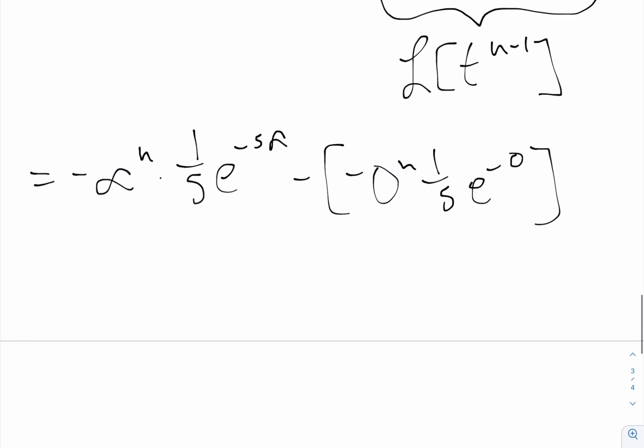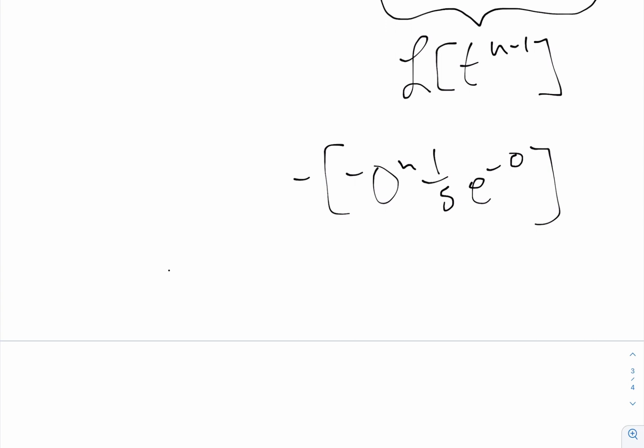Negative infinity to the n is going to be negative infinity, times 1 over s, that's a constant, times e to the negative s infinity, that's e to the negative infinity. Well, e to the negative infinity is 0, so this is like negative infinity times 0. Since this exponential overpowers this polynomial, we say that this limit equals 0.